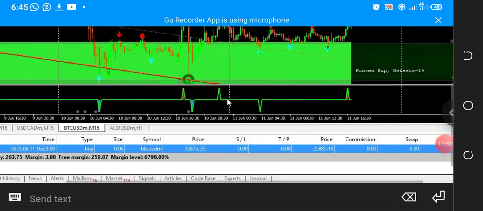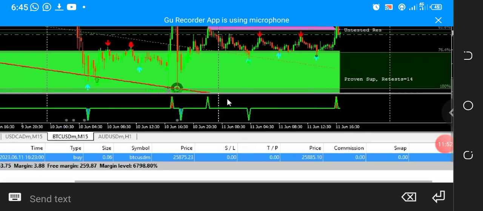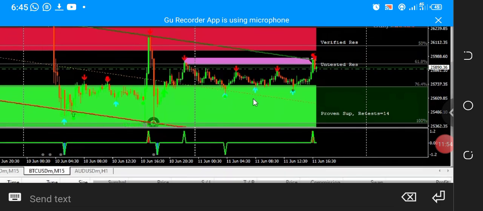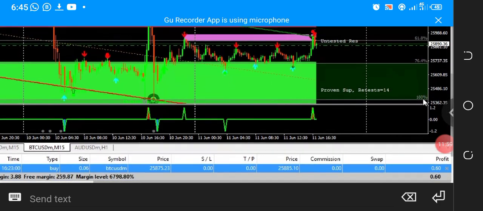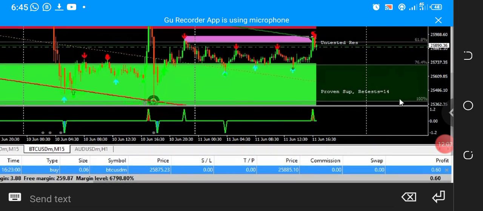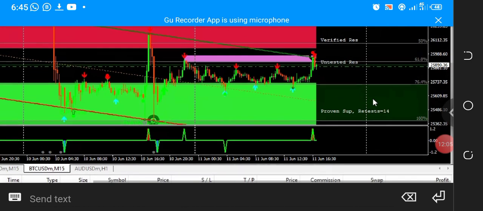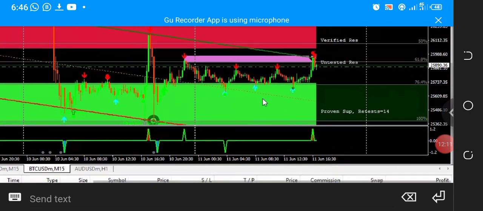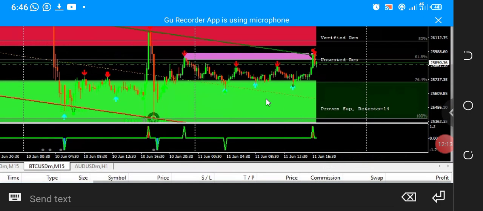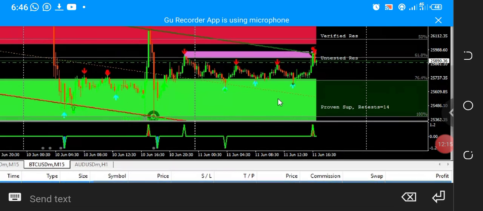Now for the buy trade, this is what you want to look out for. You want to make sure that the Fibonacci level here is at 100%, which is what it is now currently. Then you want to make sure that price has come into this light green horizontal bar, and then this sharper green horizontal bar as well.